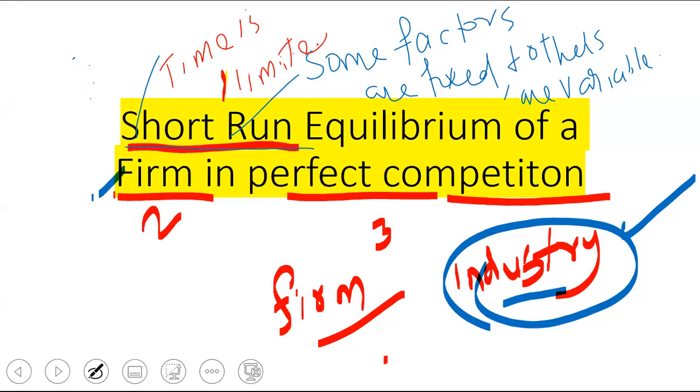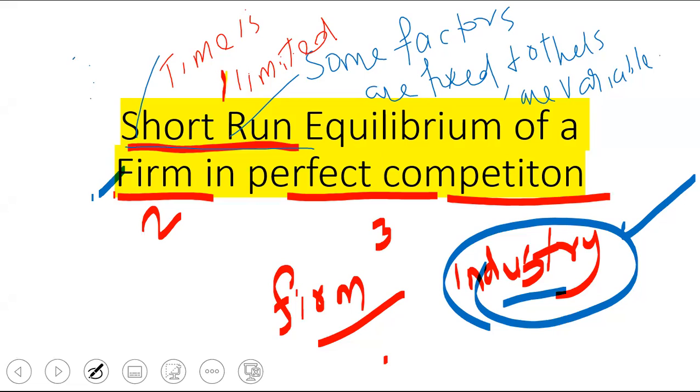Normal, that's a short run period. So I have taught you two features: short run is the period where some factors are fixed, others are variable, and second, time is limited in short run. Any point not clear, please write it in the chat box.